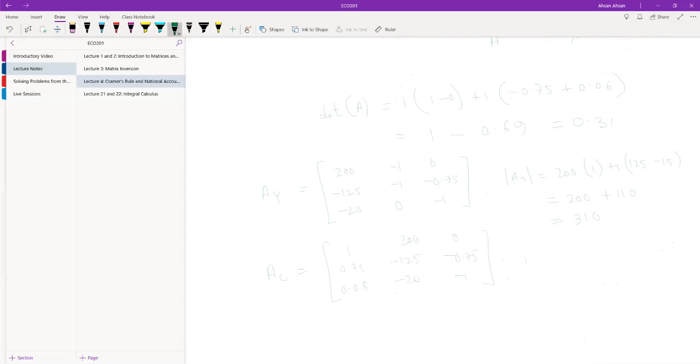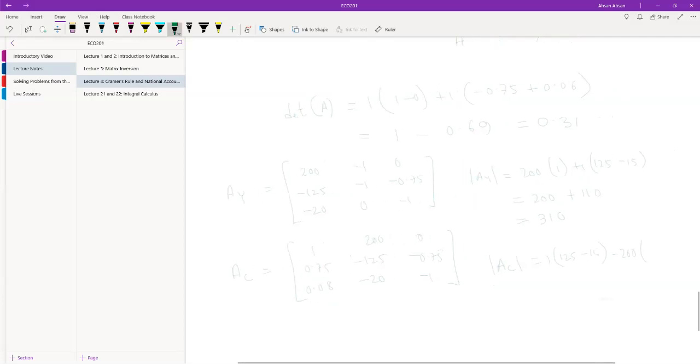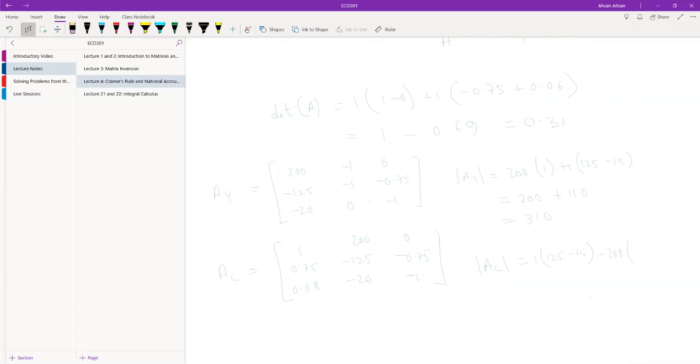And so if we calculate the determinant of A_C, we're going to get 1 times 125 minus 15, minus 200 times, let's see what we get, minus 0.75 plus 0.06.